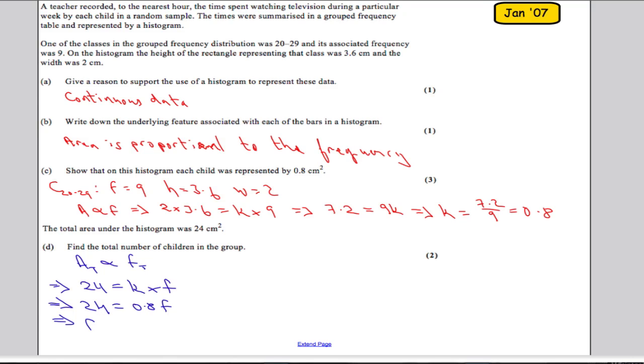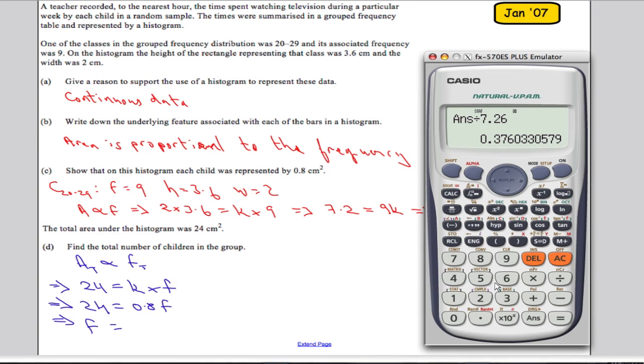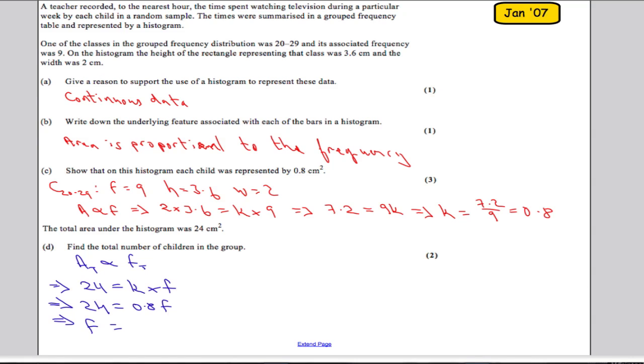So f will equal 24 divided by 0.8. So 24 divided by 0.8 gives me 30. So the total number of children in the group is 30.